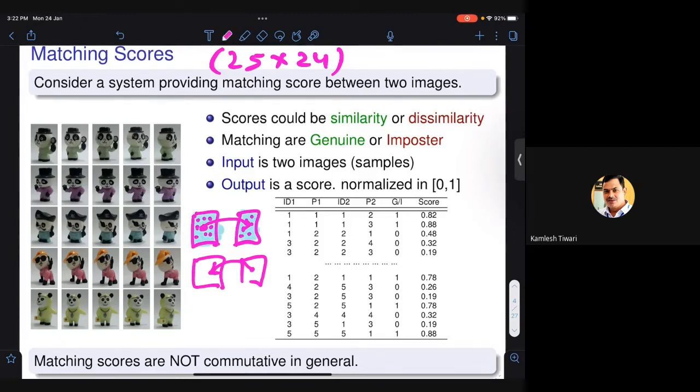So what is the matching? Let's assume all of them are matching. So out of 20, how many are matching? The score is 0.5. But if I do the reverse one, how many points are there? 10 points are there that I am matching over here. Here there are 20 points, but all of the 10 points which I am going to match are going to be matching to the second image. So the score becomes 1. Are you able to get it? Yes or no? Sushant?